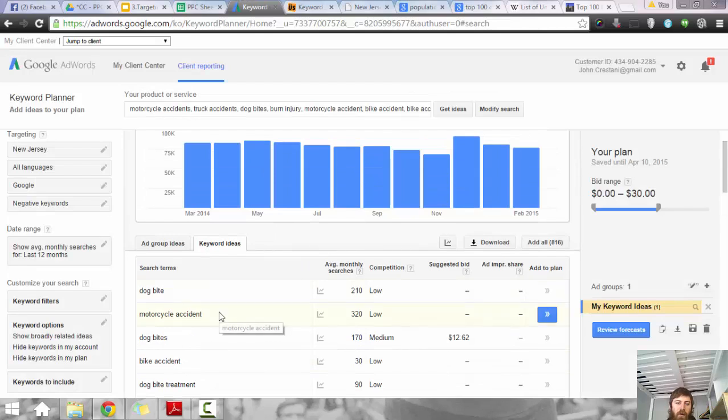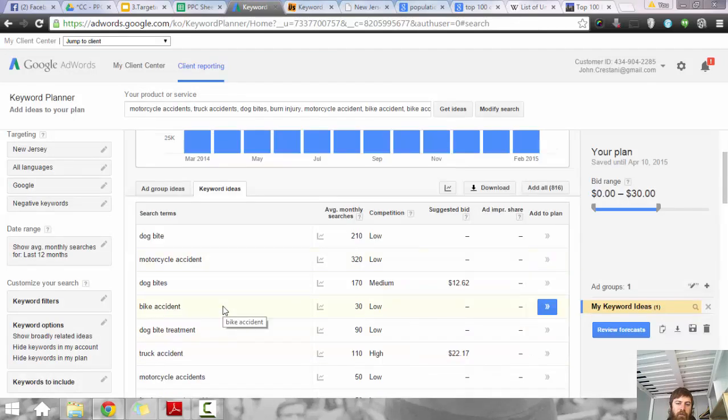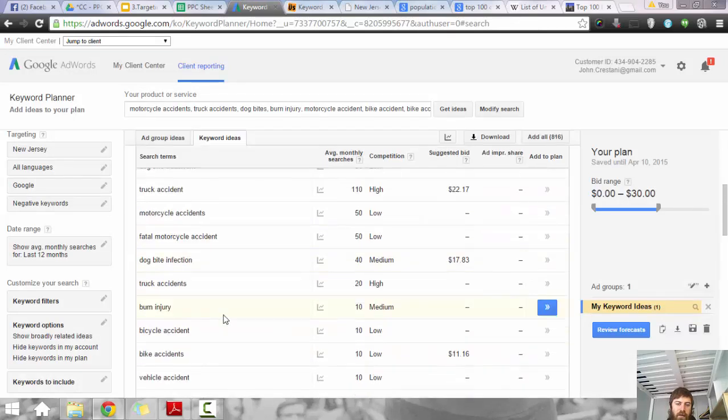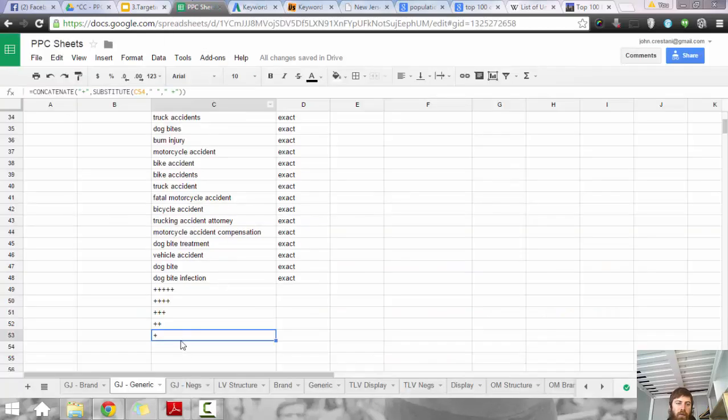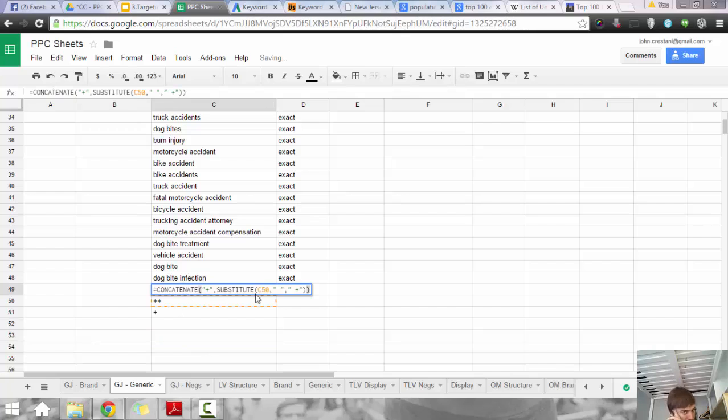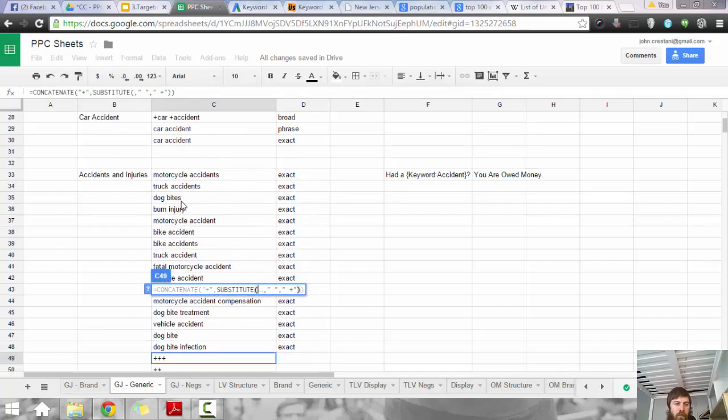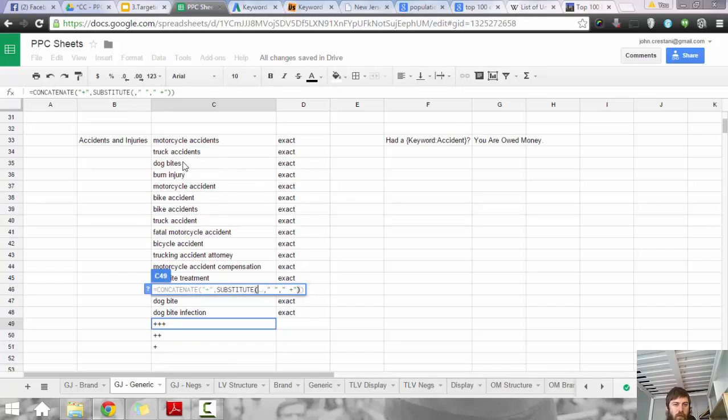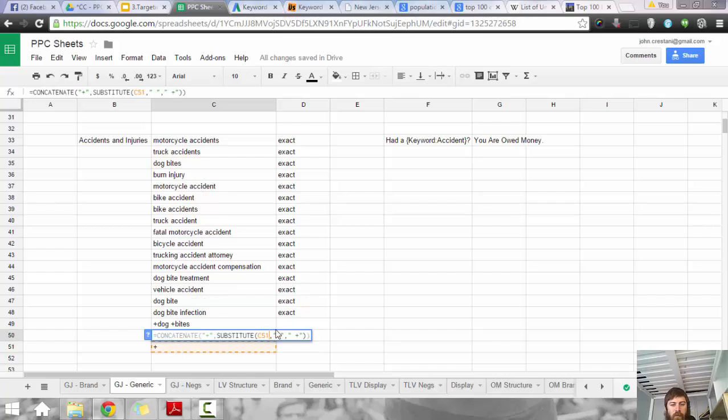So dog bite, motorcycle accident, truck accident. Dog bite. Dog bites. Motorcycle accident.